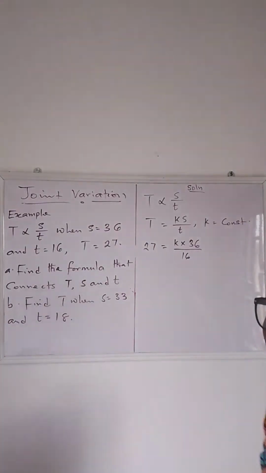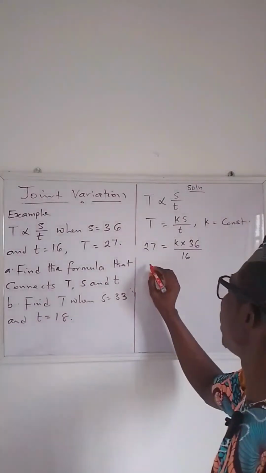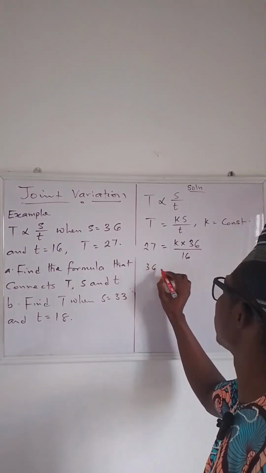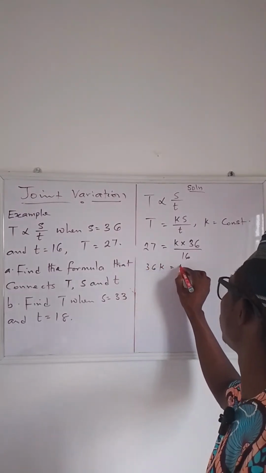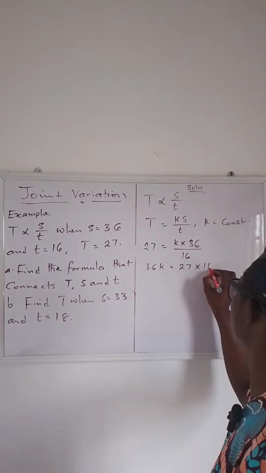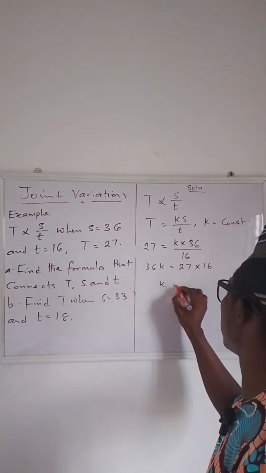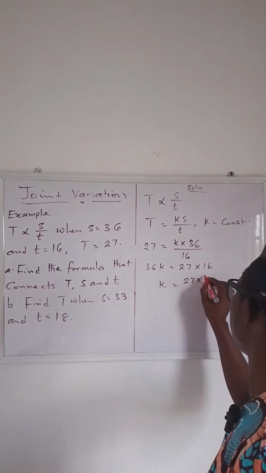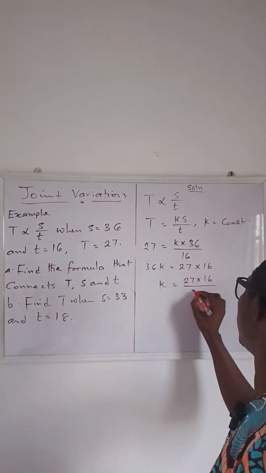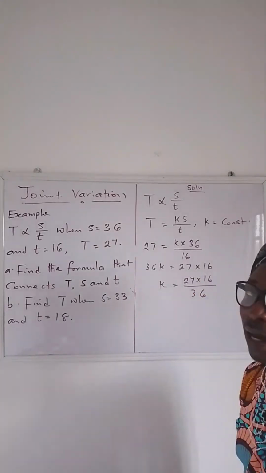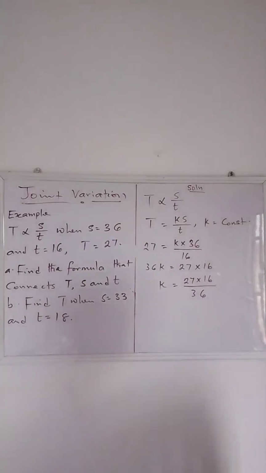Okay, here you can cross multiply. So you have 36K equals 27 times 16, and we have K equals 27 times 16 over 36. Now let's see, how do we simplify this?